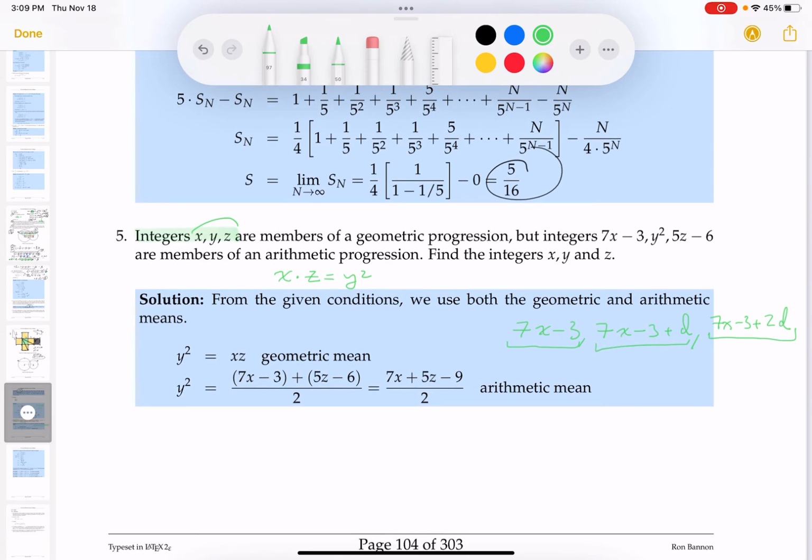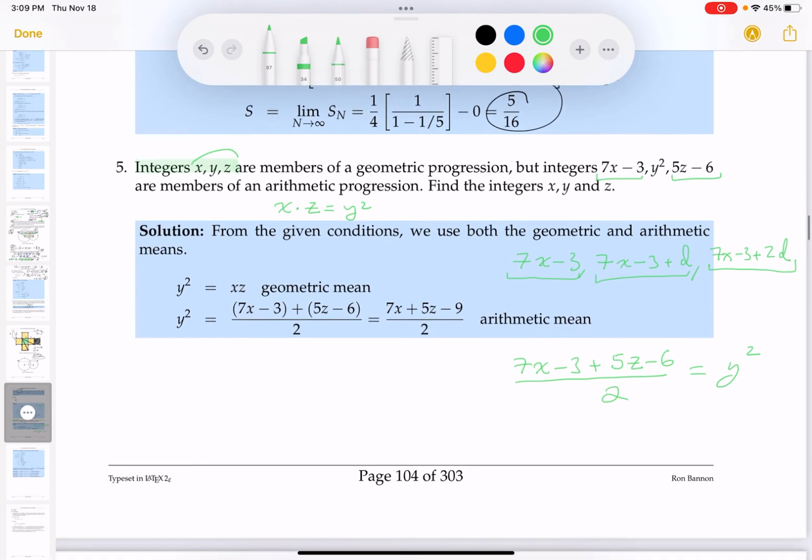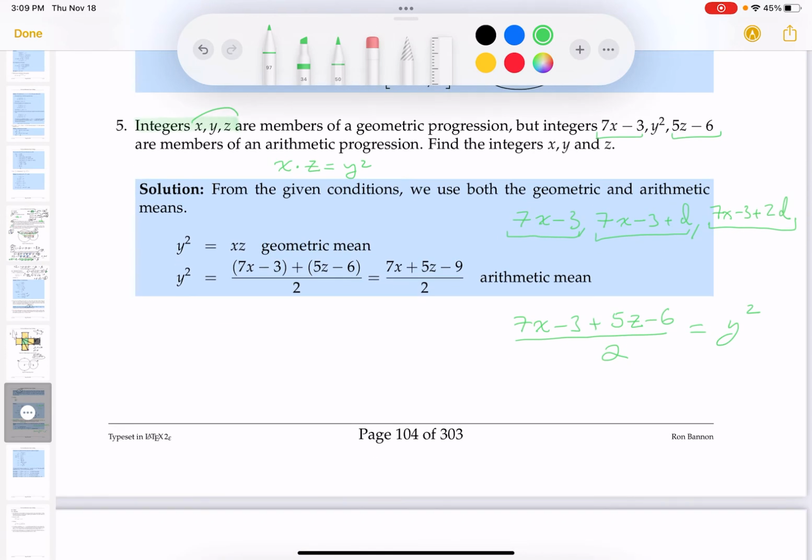If I add the first and the last term together and divide by 2, let me write that down for you: 7x minus 3 plus 5z minus 6, and divide by 2, I'd get the middle term. And what's the middle term? It's y squared. All right? Let me see if I can do that. And what do you get? I got this over here, by the way.